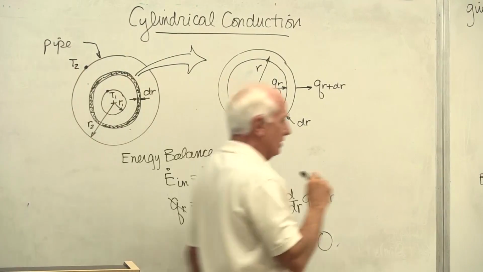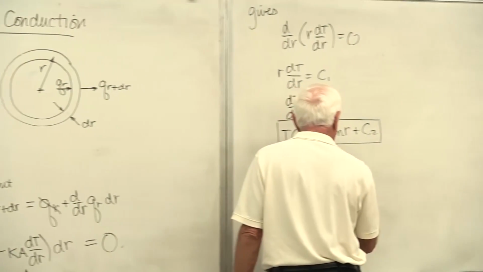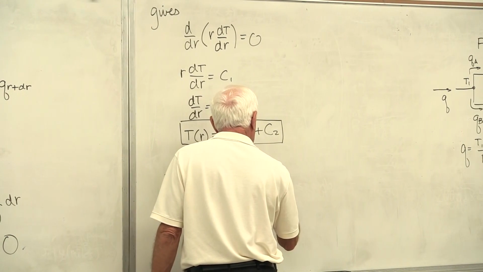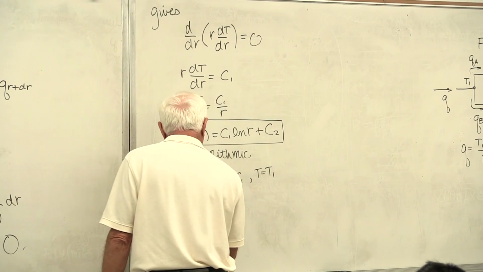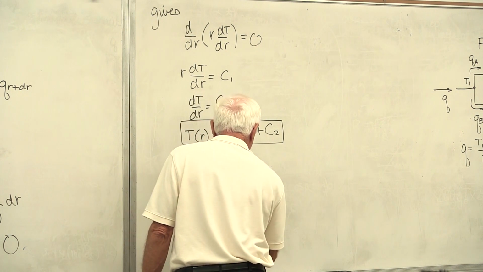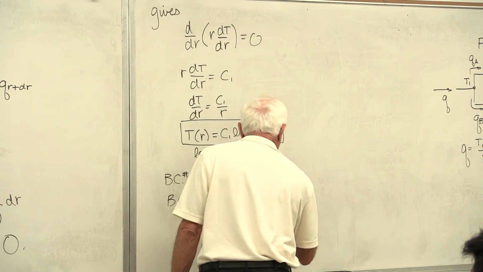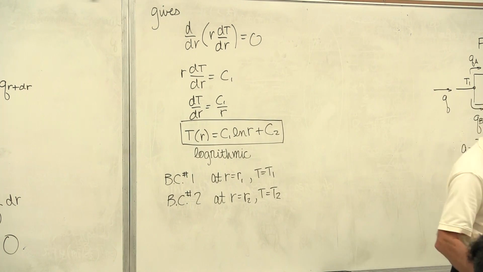So when r equals r1, T equals T1. BC number 2: when r equals r2, T equals T2.